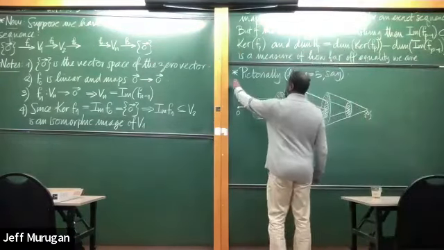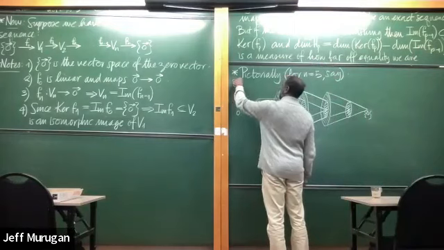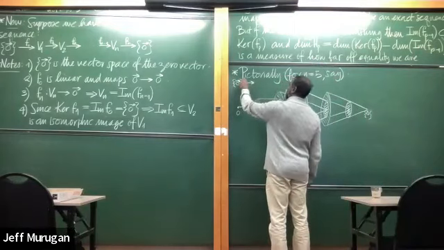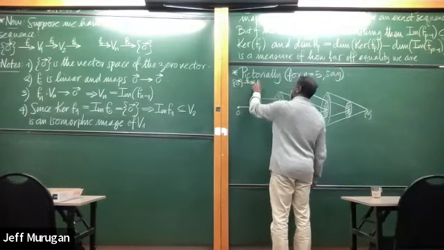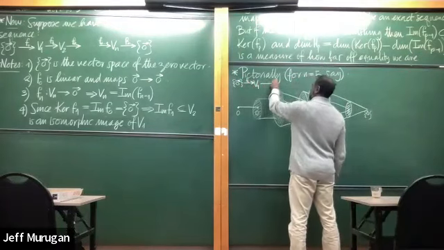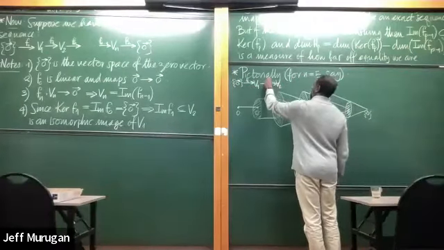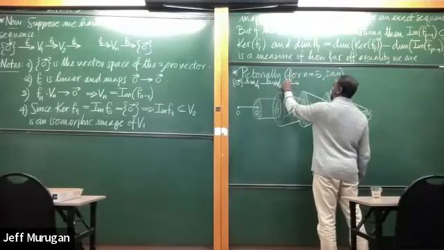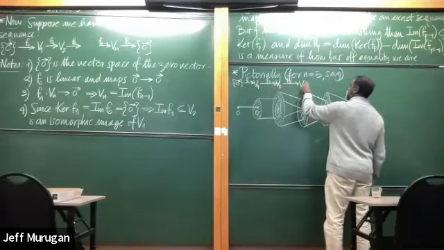Okay. So we start off with 0. F naught maps us to B1. F1 maps us to B2. F2 maps us to B3.